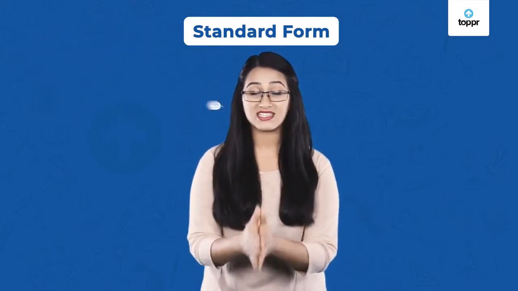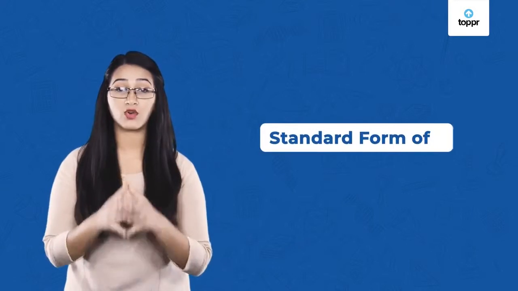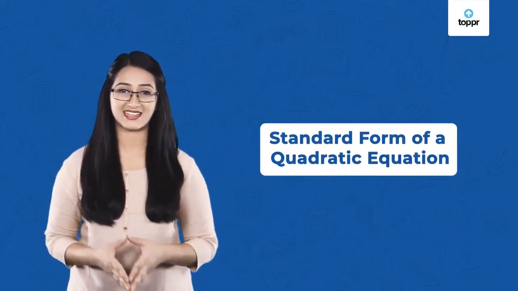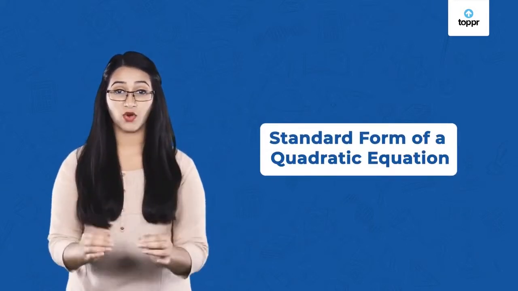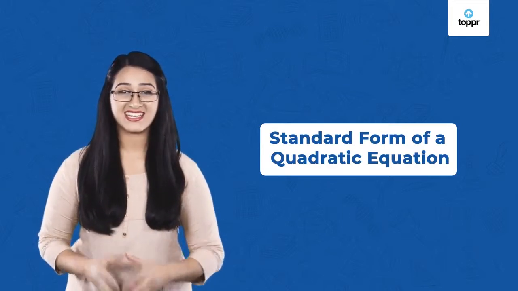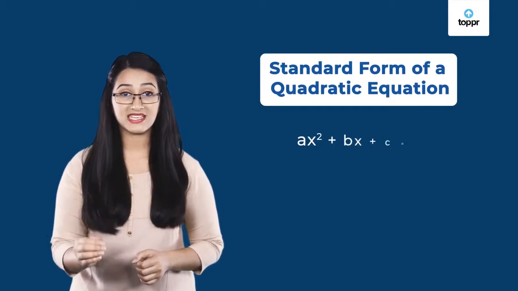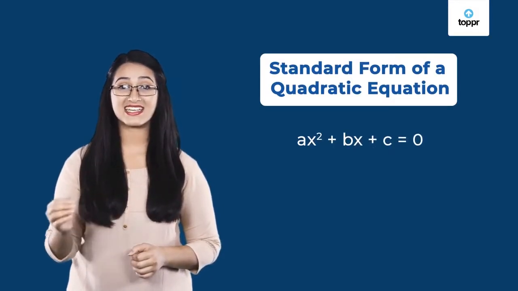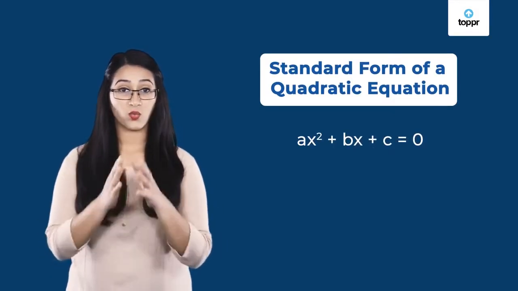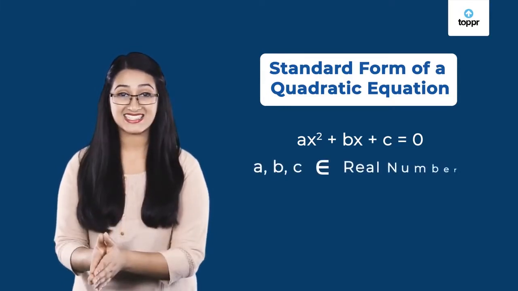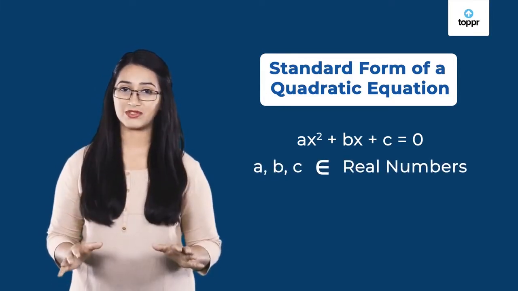Let us now see what the standard form of a quadratic equation looks like. The standard form of a quadratic equation is given by ax squared plus bx plus c is equal to 0, where a, b and c are any real numbers.